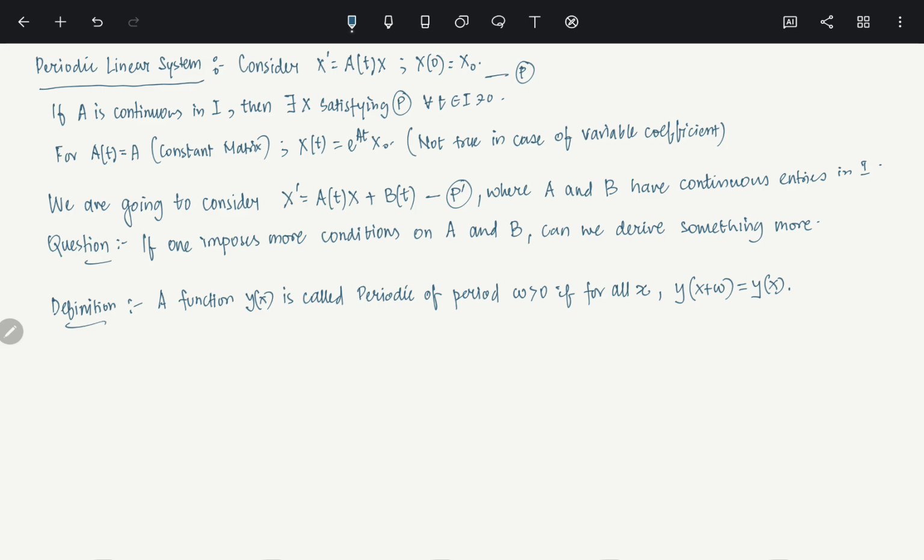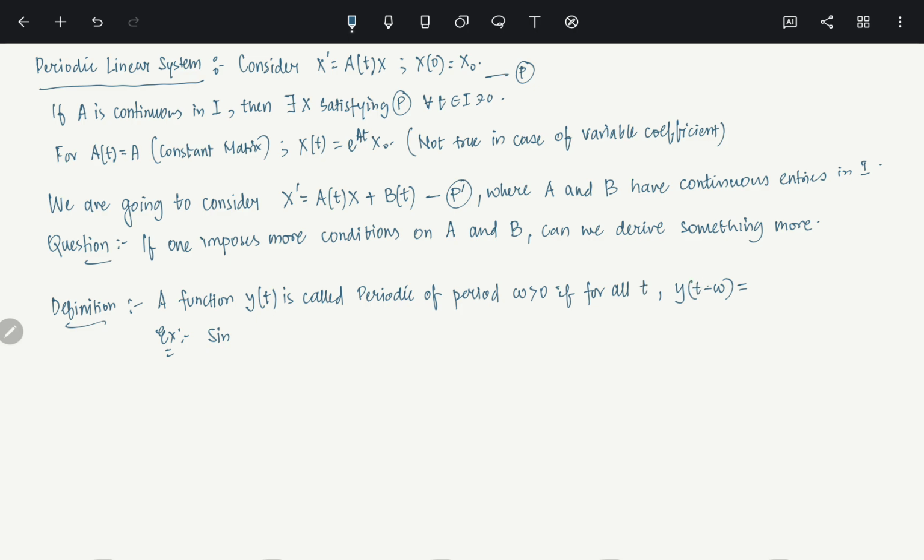So it is basically repeating itself. As an example, you know that sines and cosines are periodic functions, with period 2 pi. Let me change the definition a little bit and write it as y of t, so you don't get confused.